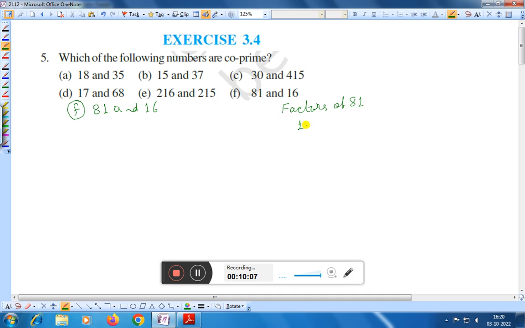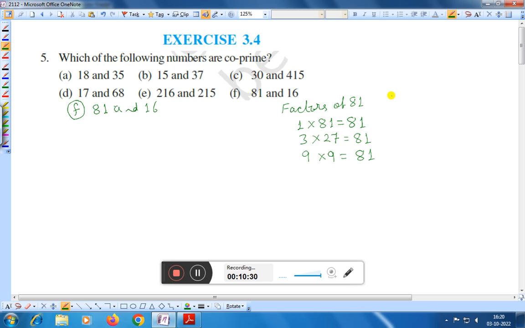That is 1 into 81 is equal to 81, 3 into 27 is equal to 81, and 9 into 9 is equal to 81.